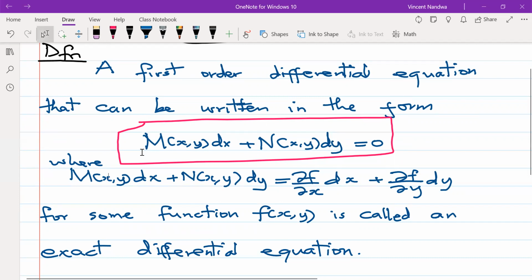So the test for this equation to be exact, let's call this equation 1.